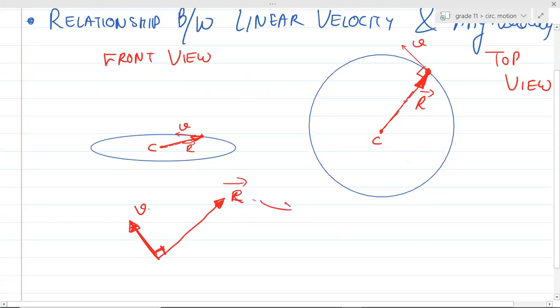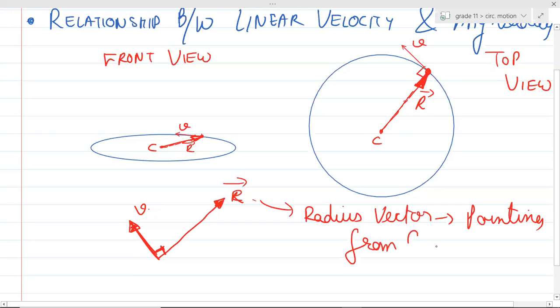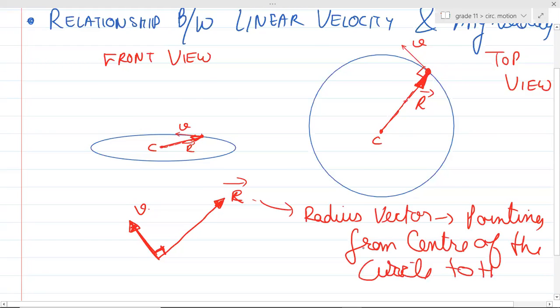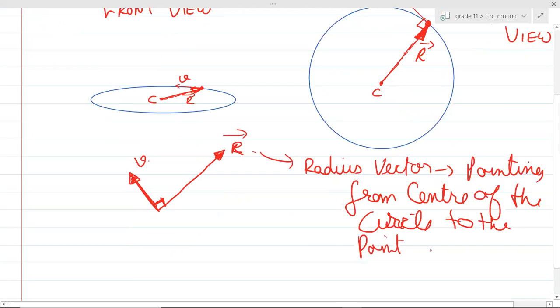What is the r vector? It is pointing from the center of the circle to the point on the circumference. So that is basically a radius vector.